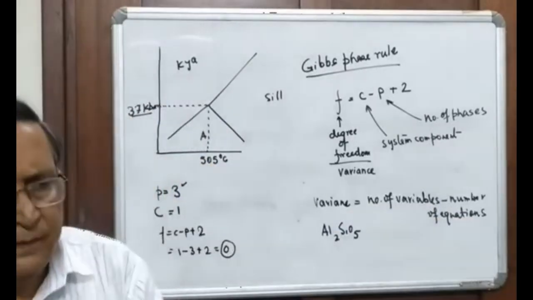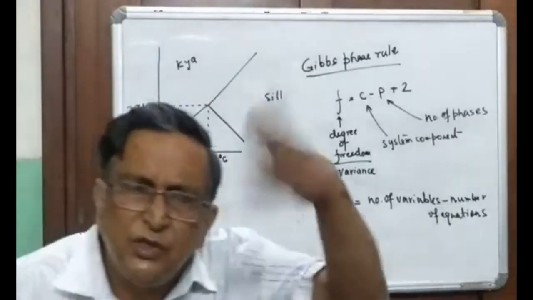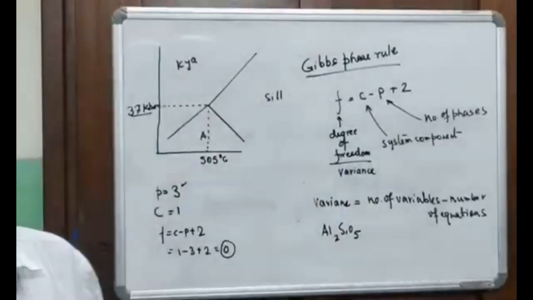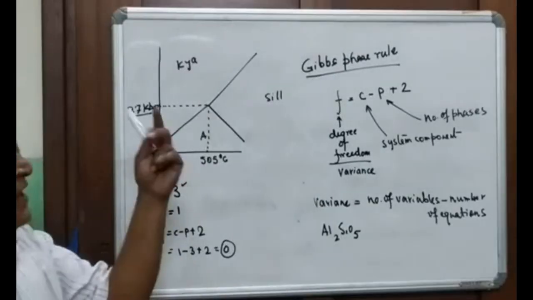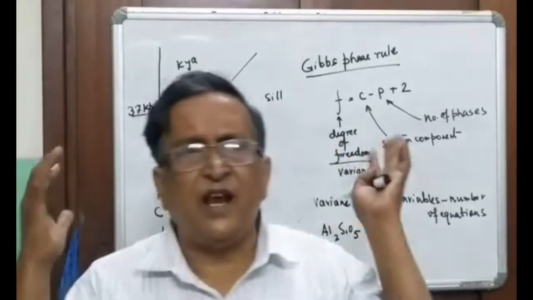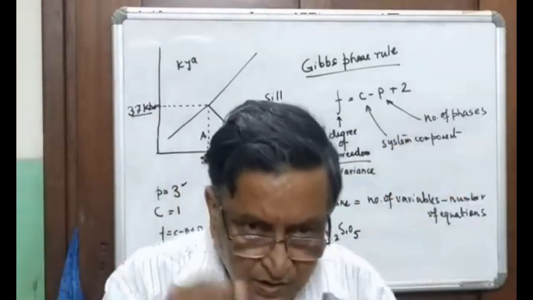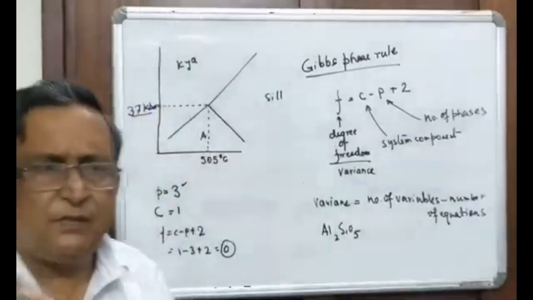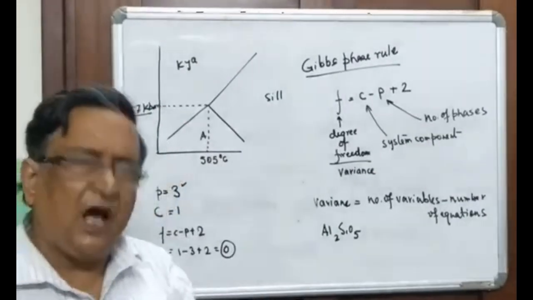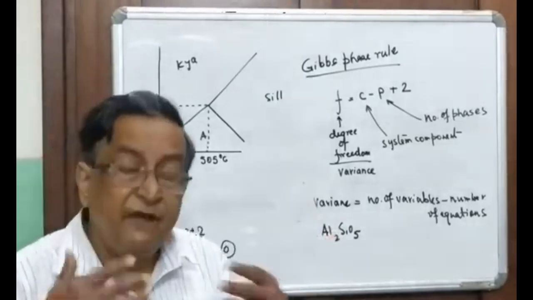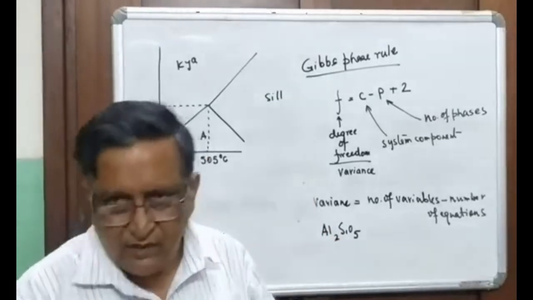Now you can ask me, so what are these equations you are talking about? Where are the equations? I don't see the equations. This is where I will explain it to you a little later. Please imagine that there are equations. I will have to talk about it because it's not a very simple thing.